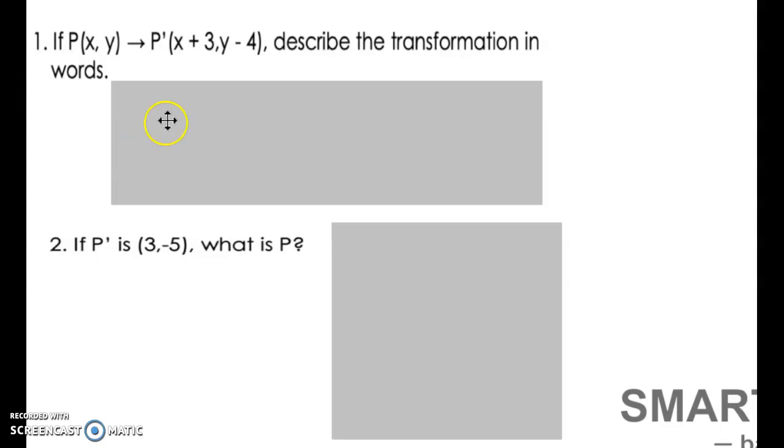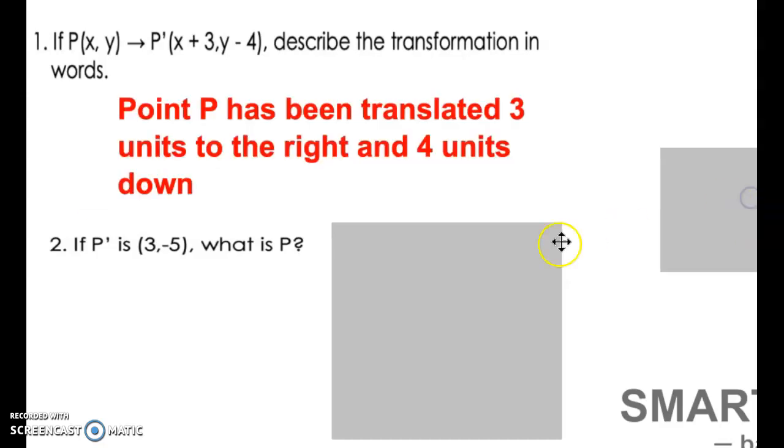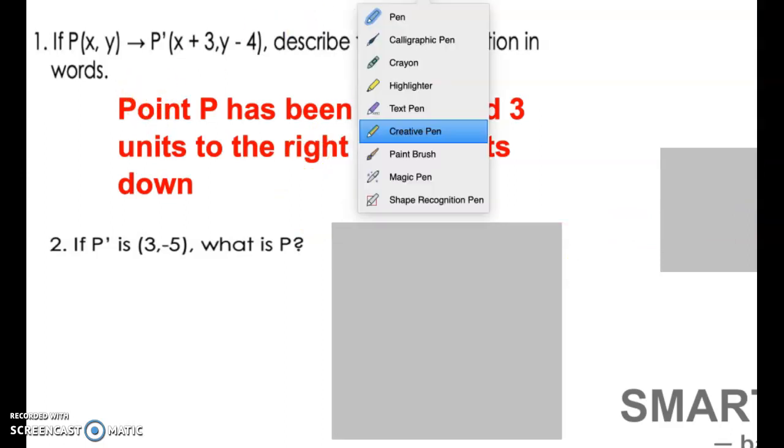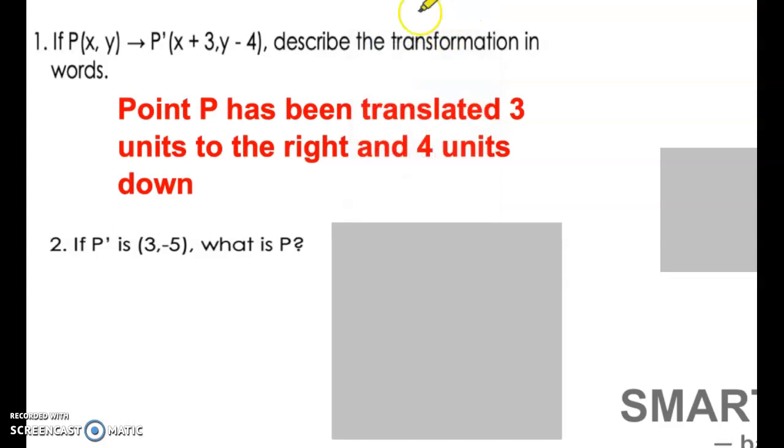So here, point P has been translated 3 units to the right. We get that 3 units to the right from this plus 3 part here. That tells us we're going 3 units to the right because our x coordinate, we're moving left or right. And then we're moving 4 units down.